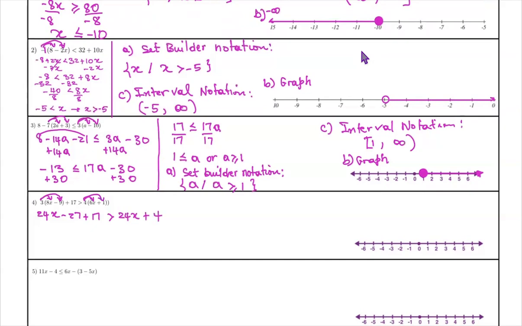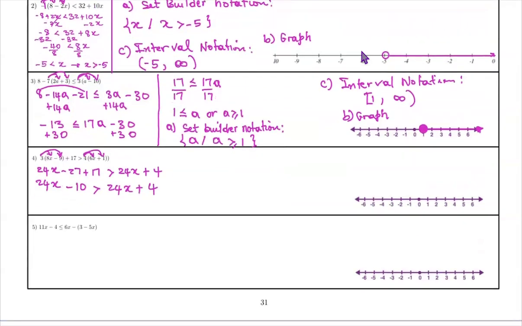Now, we can combine like terms. 24x minus 10 is greater than 24x plus 4. By subtracting 24x on both sides, you cancel the 24x. We are left with negative 10 is greater than 4.